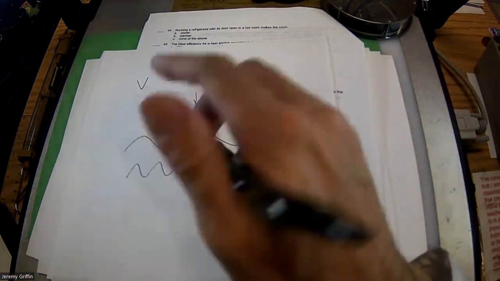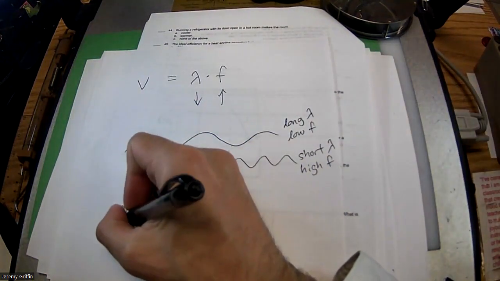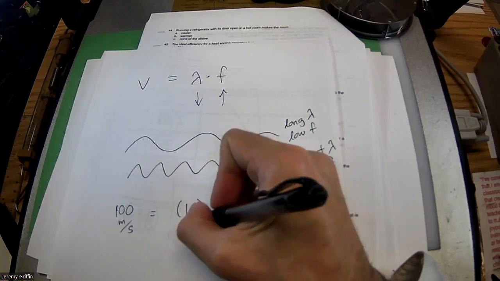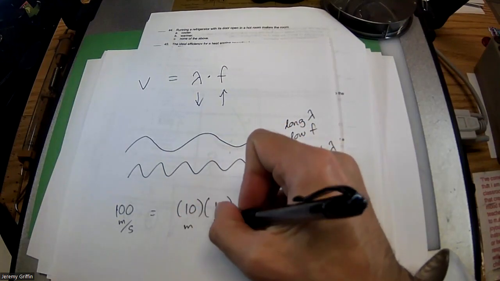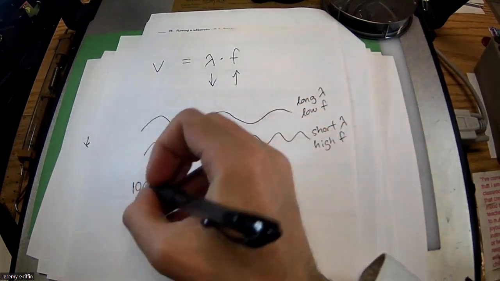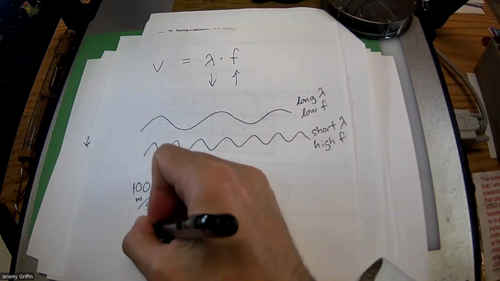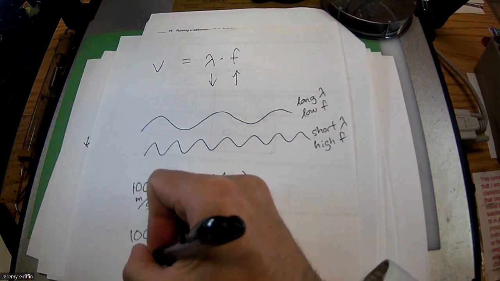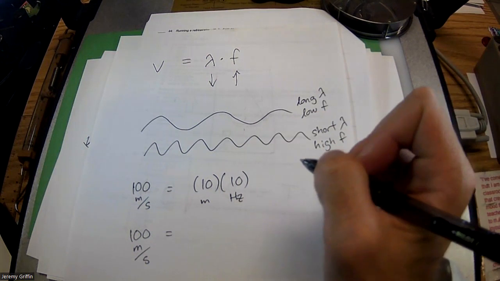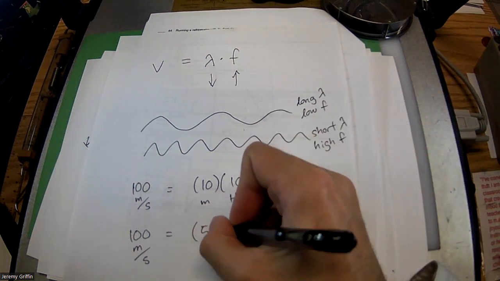What if you want numbers? Let's have a wave go 100 meters per second just to get some numbers on the board. Say it's 10 meters long, and it cycles with a frequency of 10 hertz. Hertz is like 1 over seconds. What if you had a different wave of the same type, but you made the wavelength shorter, like 5 meters?